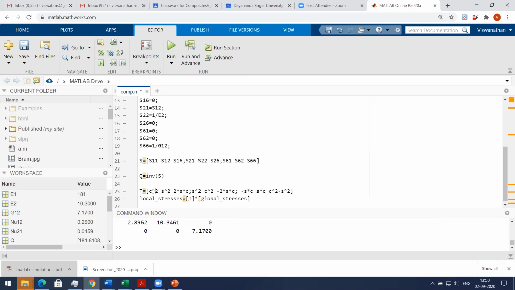See how I am putting the square? It is to the power of. So this is the transformation matrix.